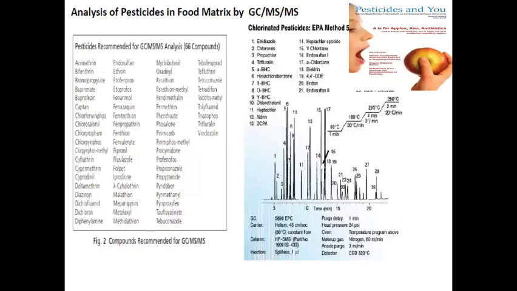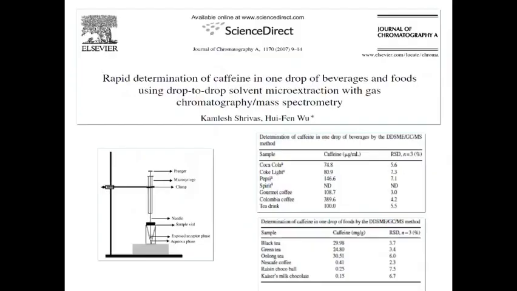Then we can determine different types of pesticides present in fruit samples or vegetables. And this is one research work done by our group for determination of caffeine in beverages and food samples using GC-MS, where different amounts of caffeine are determined in different types of Coca-Cola, Pepsi, Columbian coffee, or tea drink samples.